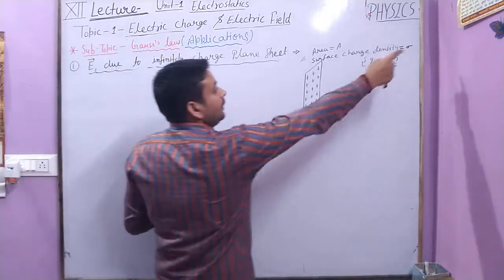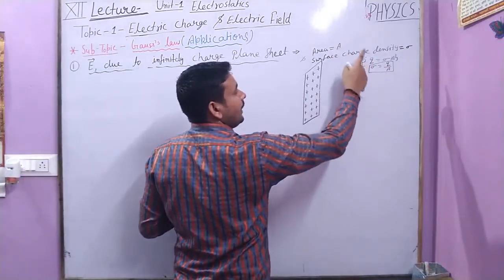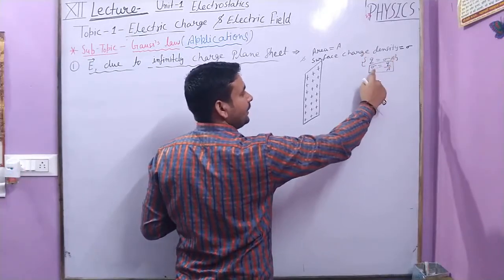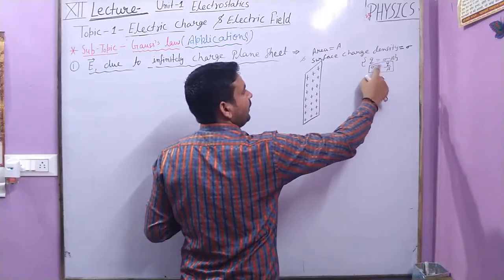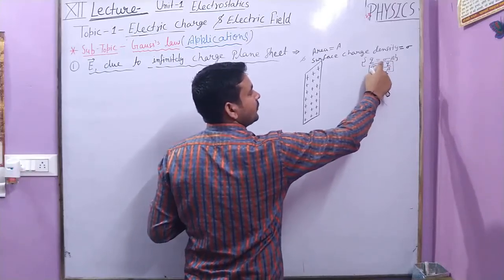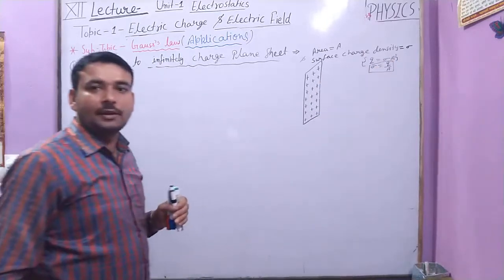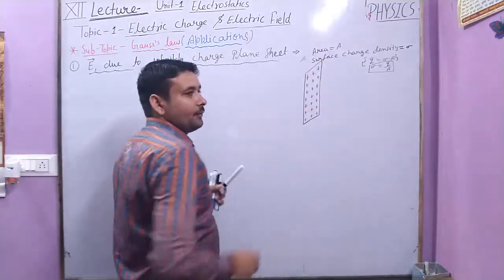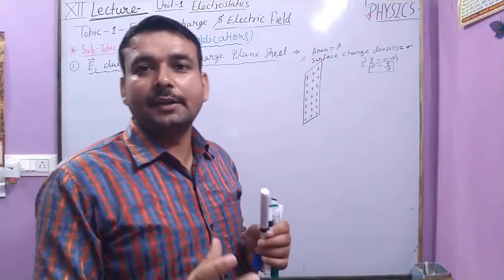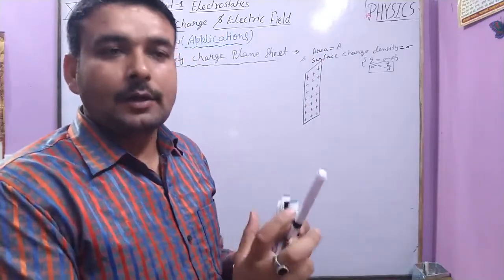Now the total charge after calculation, as you know that surface charge density is charge distributed per unit area, you can calculate that Q is equal to sigma A. Clear? Now for this particular surface you need to consider a cylindrical Gaussian surface.